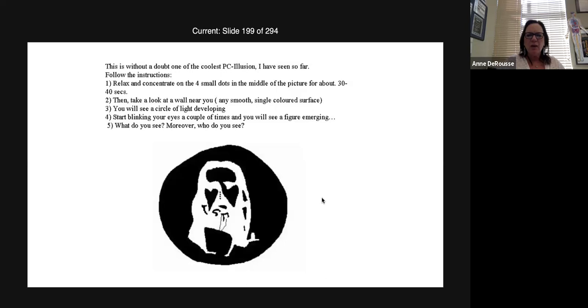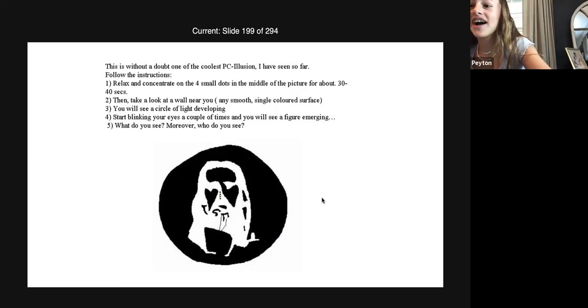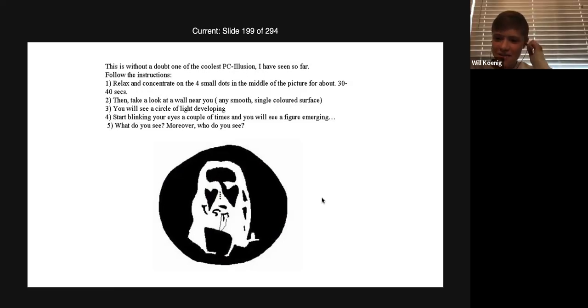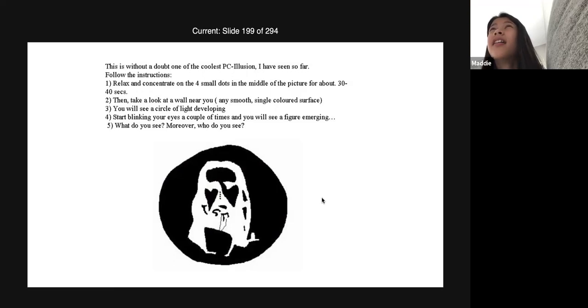And then look away to a wall, a blank wall. Wait. Are you supposed to see a circle? I saw a circle with a woman on it. I see Jesus. It looked like Anne Frank.